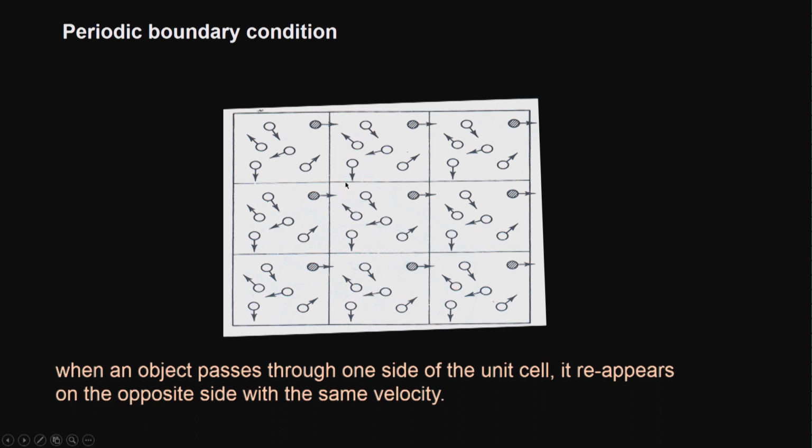If it is a square, then we place similar looking boxes on all sides, and we do the calculations for all. If it is a cube, then obviously you have 4 plus 2, 6 sides of it. So everywhere you assume another cube placed and you do the same calculation.